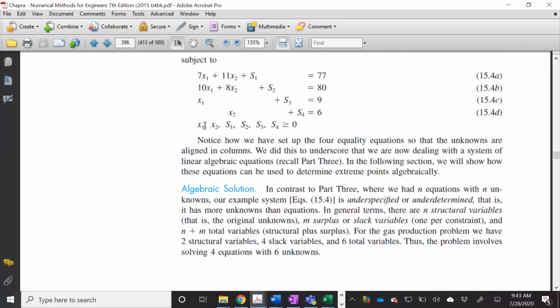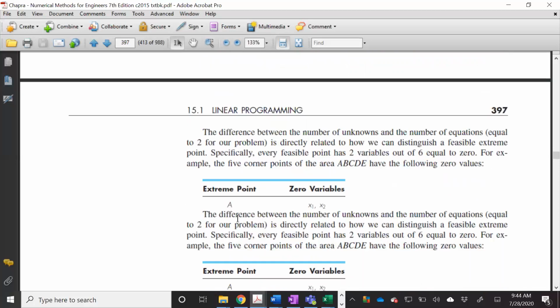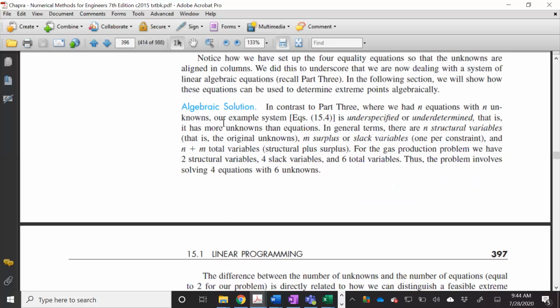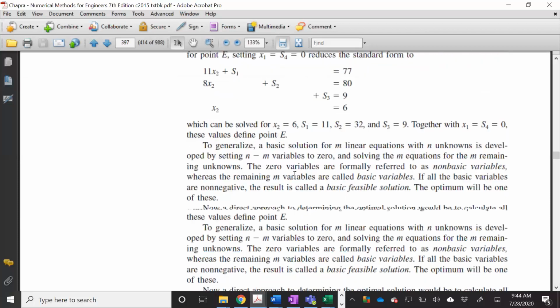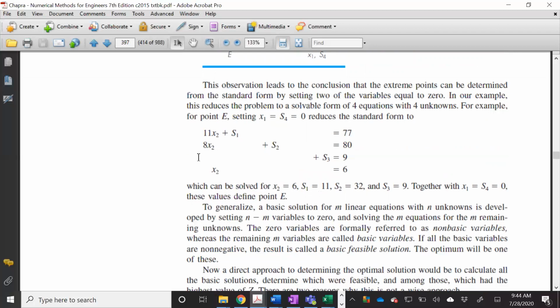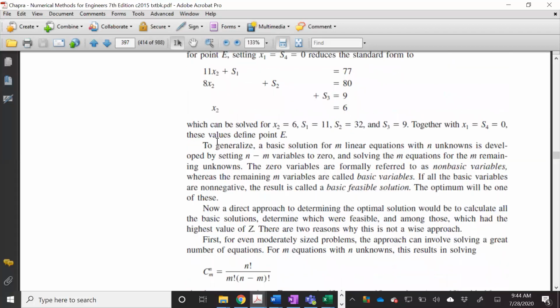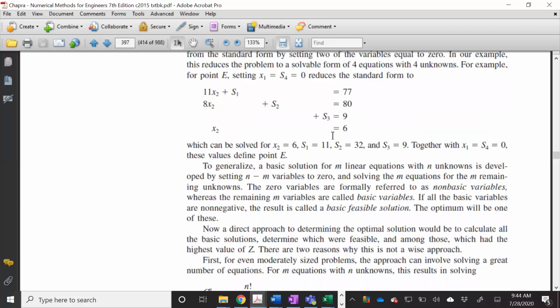So 8x2 plus S2, and x2 here is S4. Alright, so we can solve for x2 is 36, S1 is 11, S2 is 32, S3 is 9, together with x1 equal to S4 equal to 0.